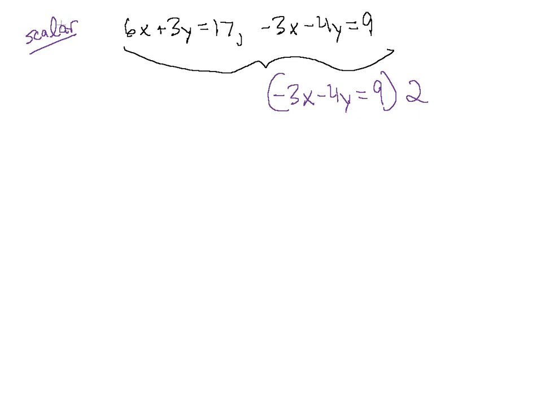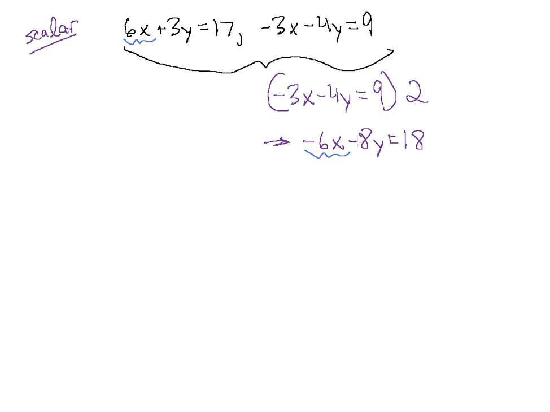2 is called our scalar, and when we multiply the entire equation by 2, we get minus 6x minus 8y, just multiplying each term by 2, equals 9 times 2, which is 18. If you look here, we actually have a variable that has the opposite coefficient in both equations.